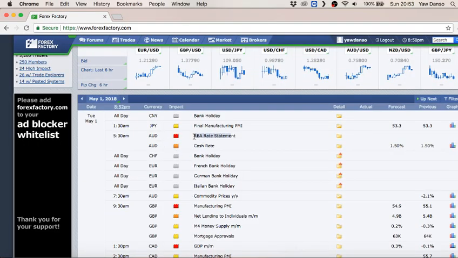You have Royal Bank of Australia. That is the major bank that controls the Australian dollar.